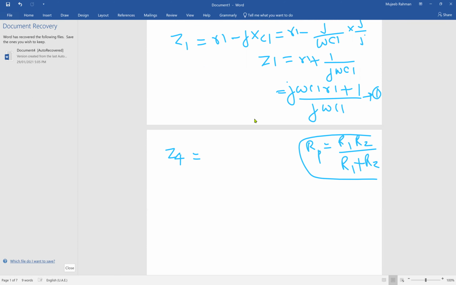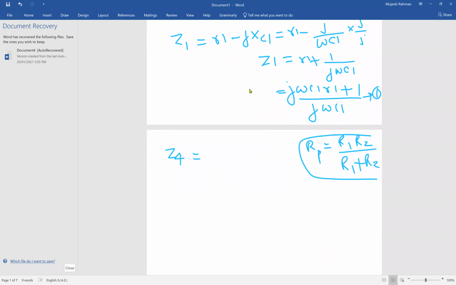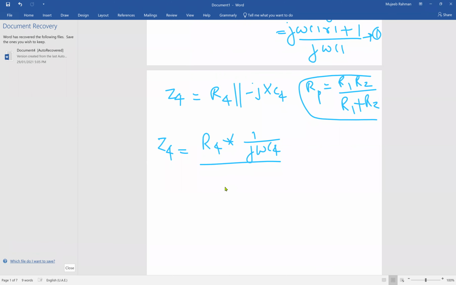So in our case, we have a resistor R4 in parallel with minus jXC4. If you substitute the corresponding values, we'll get R4 into 1 divided by j omega C4, divided by R4 plus 1 by j omega C4.